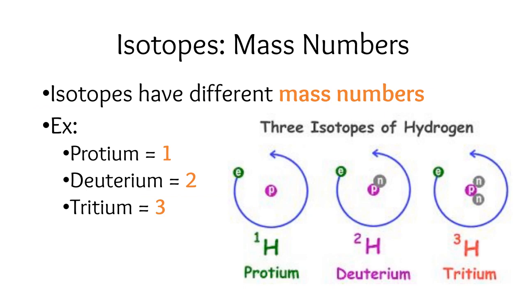So we've talked before about the difference between mass number and atomic mass. Remember, atomic mass is the number given as a decimal. Mass number is rounded to a whole number. So isotopes have different mass numbers because of our number of neutrons. Remember, mass number equals our number of neutrons plus our number of protons, because those contain the majority of the mass of an atom.